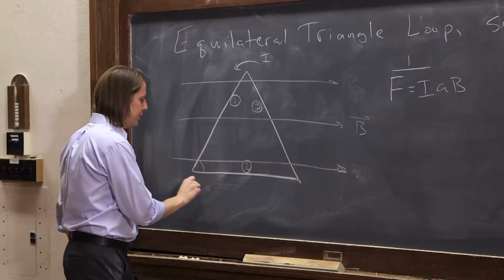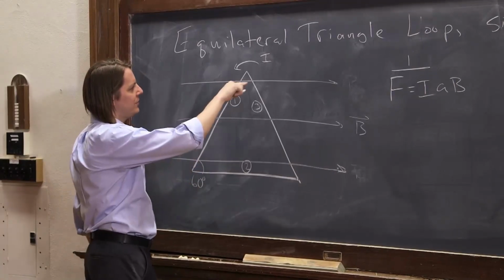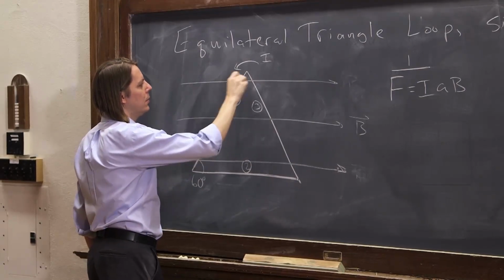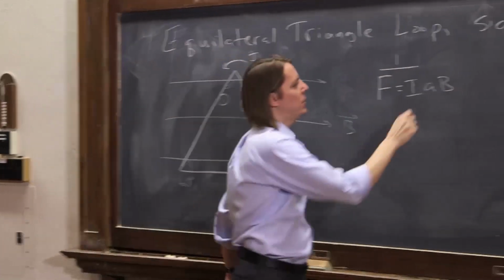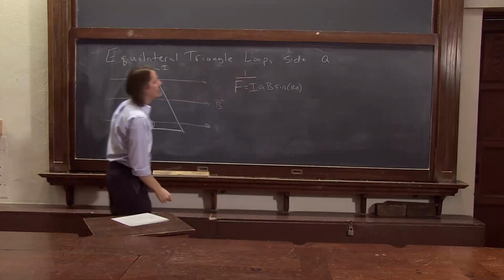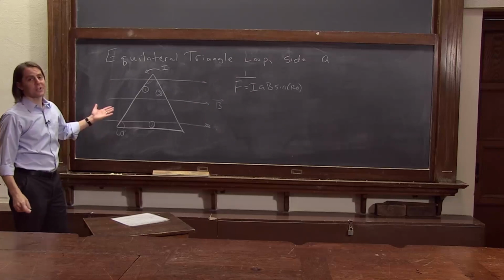Well, if this is 60 degrees of an equilateral triangle and that's 60, that would make that 120. Okay? So if that's 60, this is 120, so we use the sine of 120. And then we need a direction.